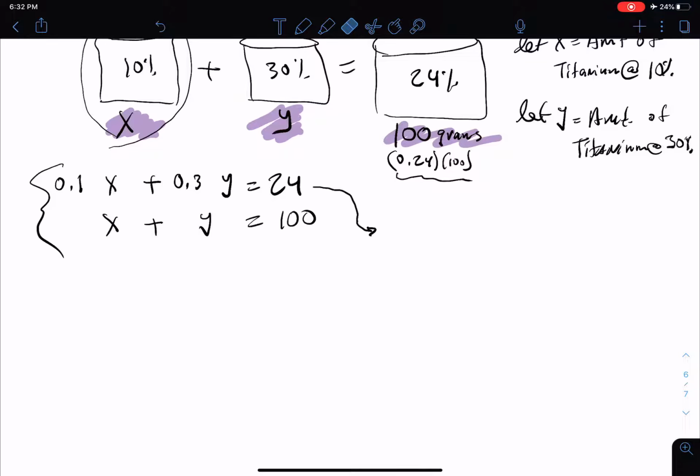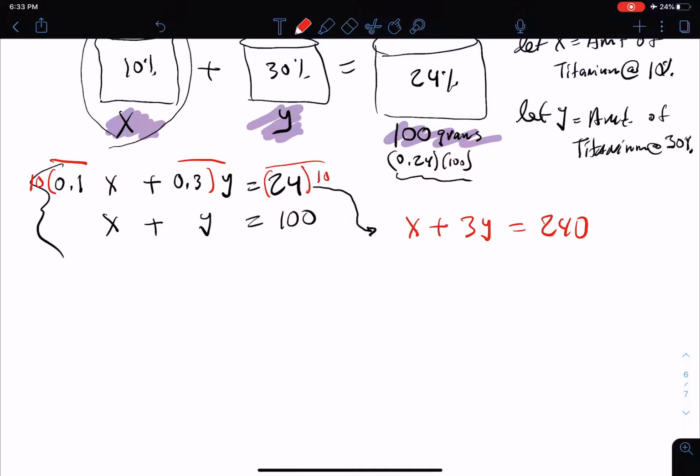I don't want to move the decimal more than I need to, so I'll multiply by 10, which moves the decimal to the right once. This new equation is just going to be 1x plus 3y equals 24 times 10, which is 240.